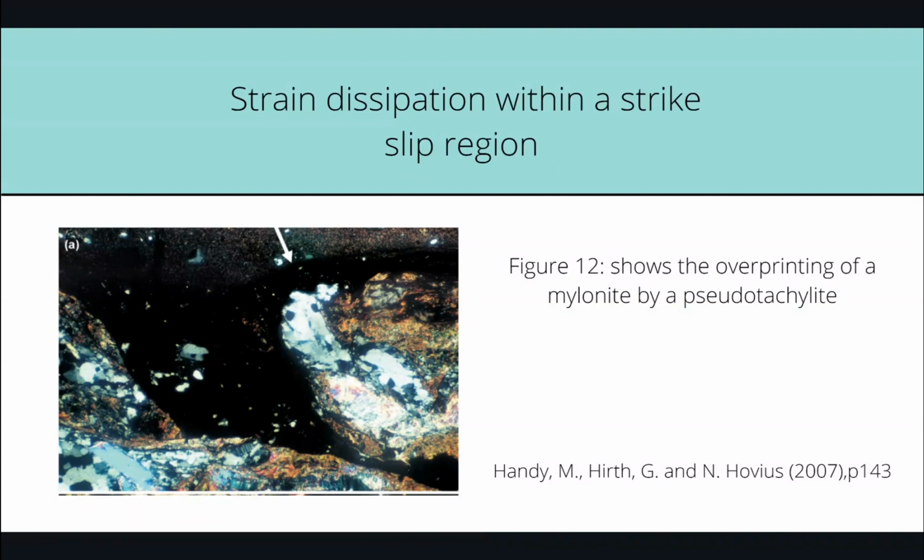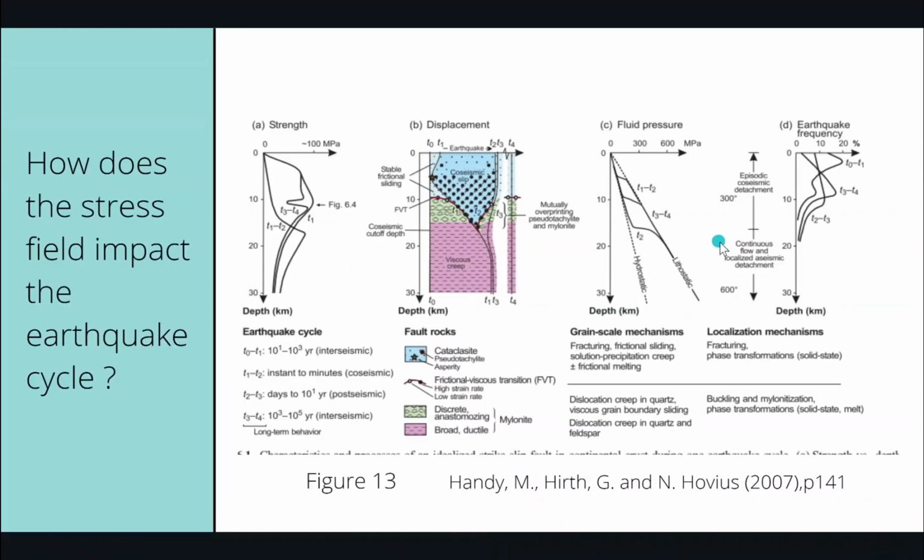A brilliant diagram for describing all these features together and what occurs with one earthquake cycle can be seen from Handy, Hirth, and Hovius. And this figure here gives a clear picture into the interconnected nature of the three regions and how strain is accommodated all throughout the strike-slip fault zone.